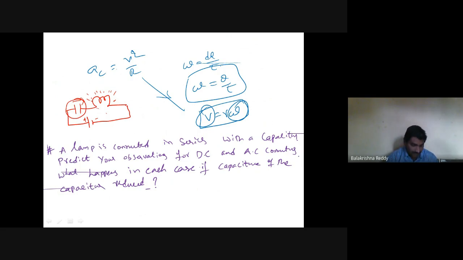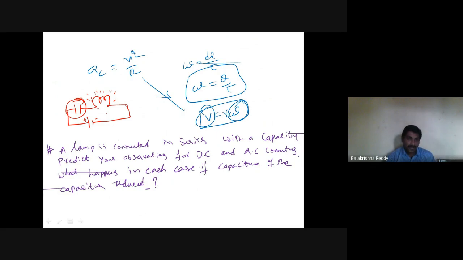What will happen if the capacitance of the capacitor is reduced? With respect to DC, there will be no change, because with DC there is no response from the capacitor. With respect to AC, a resistance will act. Which resistance? Capacitive reactance, 1 by omega C, which we have discussed, right?